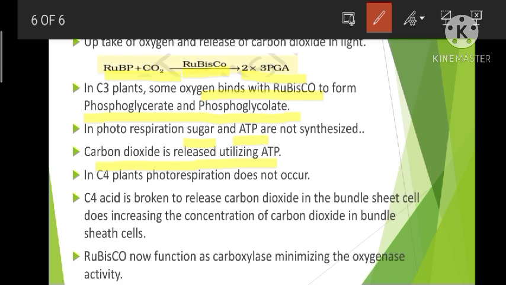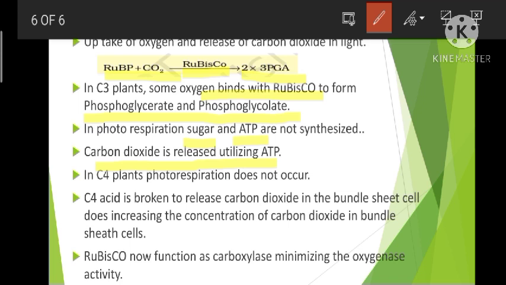So in the bundle sheath cell, which concentration will be increasing? The concentration of carbon dioxide. How does it increase? Whenever malic acid or aspartic acid is decarboxylated in the bundle sheath cell, it releases carbon dioxide. So the carbon dioxide concentration increases in the bundle sheath cell. When carbon dioxide concentration increases, Rubisco will act as a carboxylase enzyme, and it can help in the fixation of carbon dioxide.